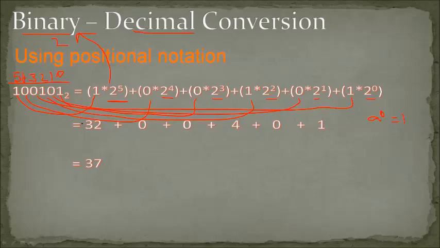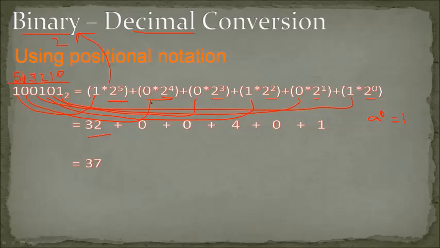Then just multiply: 2 power 5 is 32, 32 into 1 is 32. And here you should remember, when you multiply by 0, it will become 0. Now when you are listening it may seem easy, but in a hurry when you are working it out, you will make mistakes. So be careful.